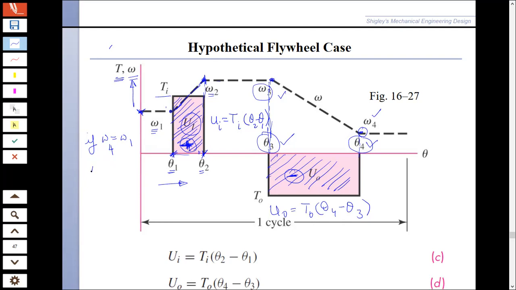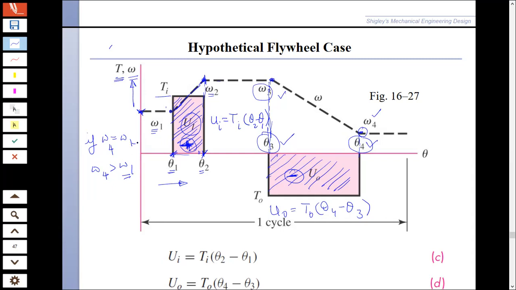But if omega 4 is greater than omega 1, this means that more energy is supplied into the system, and there is less energy output from the system. So therefore the velocity increases.